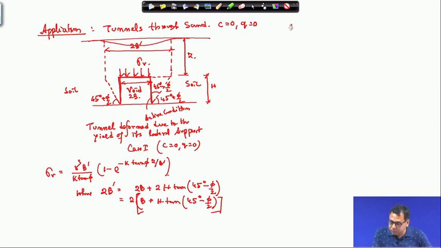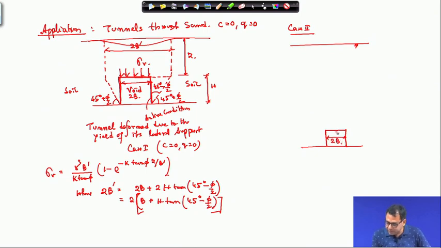Now, in case 2, your tunnel is very deep. Suppose this is the ground surface and your tunnel is somewhere here, which is very deep. Again this is twice b.